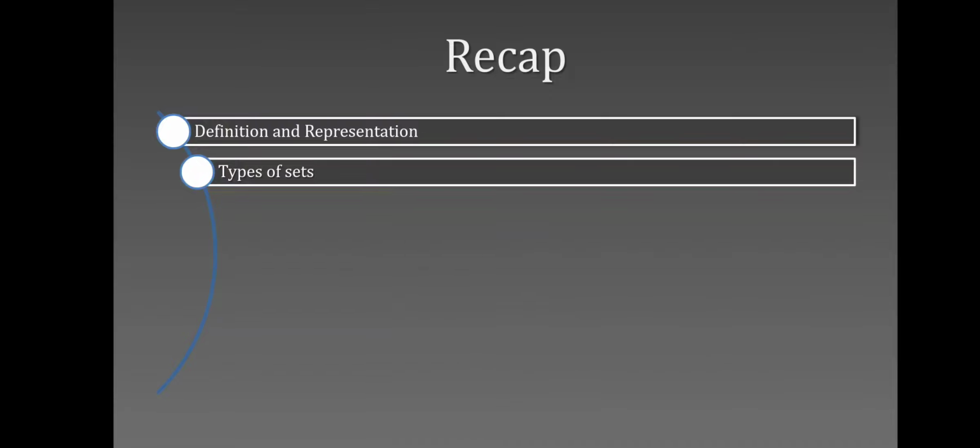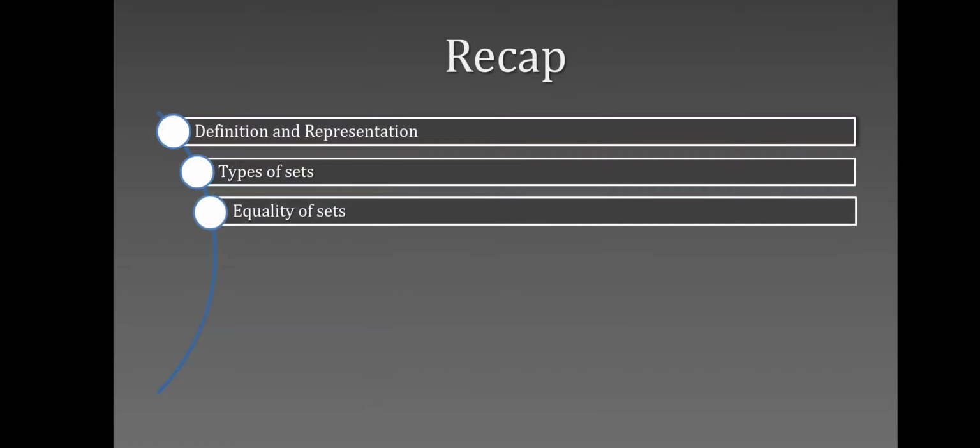Now then we discussed equality of sets. Now this is one of those topics many of you had problems with. I don't know why. It is pretty simple to understand. Two sets are said to be equal if the number of elements are equal as well as the elements themselves are equal.